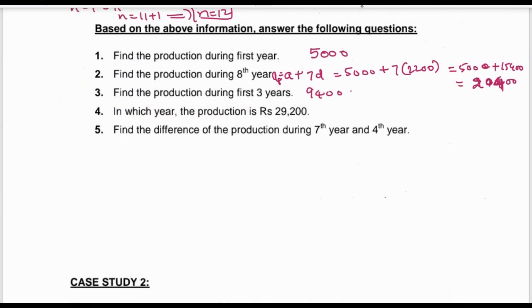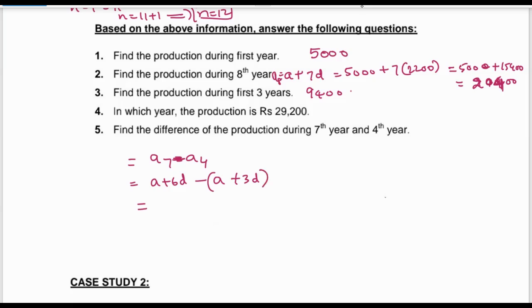Then moving on to the last one: find the difference of the production in the 7th year and the 4th year. So A7 minus A4 is A plus 6D minus A plus 3D.